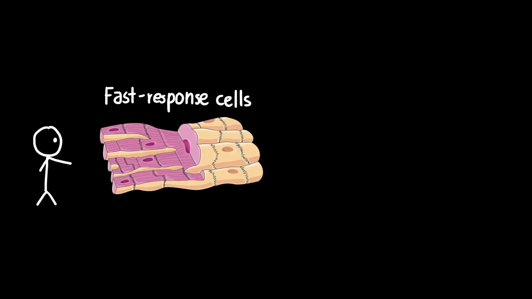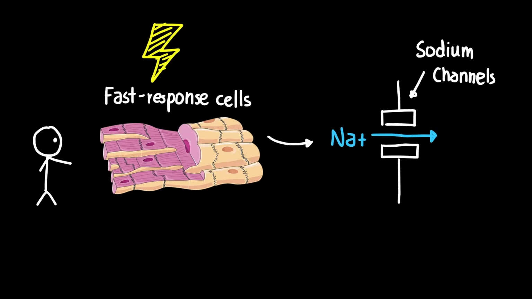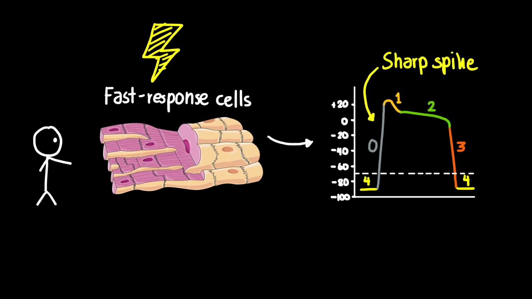Most working heart muscle, the walls of the atria and ventricles, use fast response cells. When stimulated, sodium channels open rapidly and sodium rushes in. The inside voltage shoots upward, a sharp, fast spike. This is depolarization in these cells.